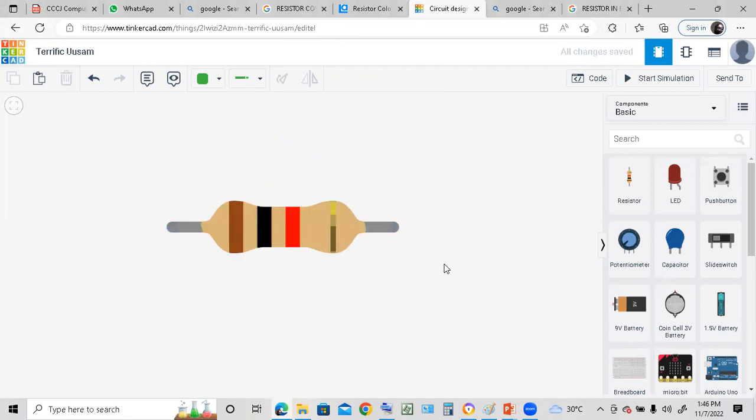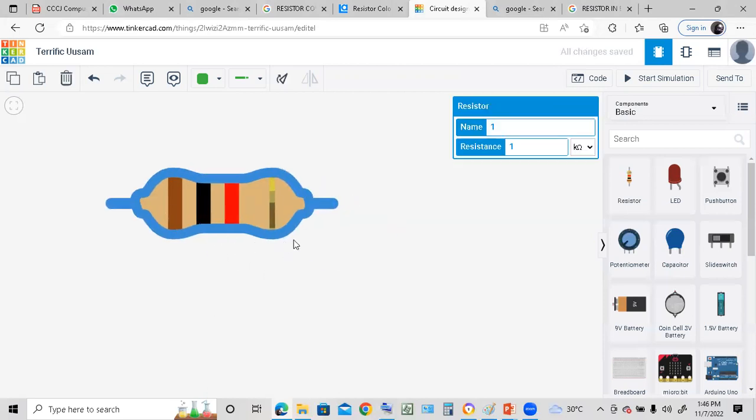Looking at the table, we know that brown is what? 1. Black is what? 0. And red is what? 2, so instead of putting the number 2, you're going to put 0 0. So in effect, what's the value of this resistor? 1,000.